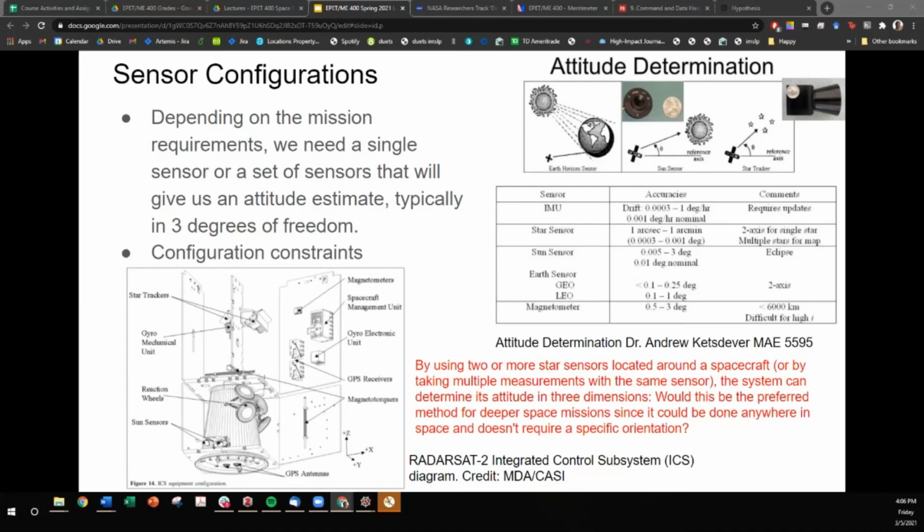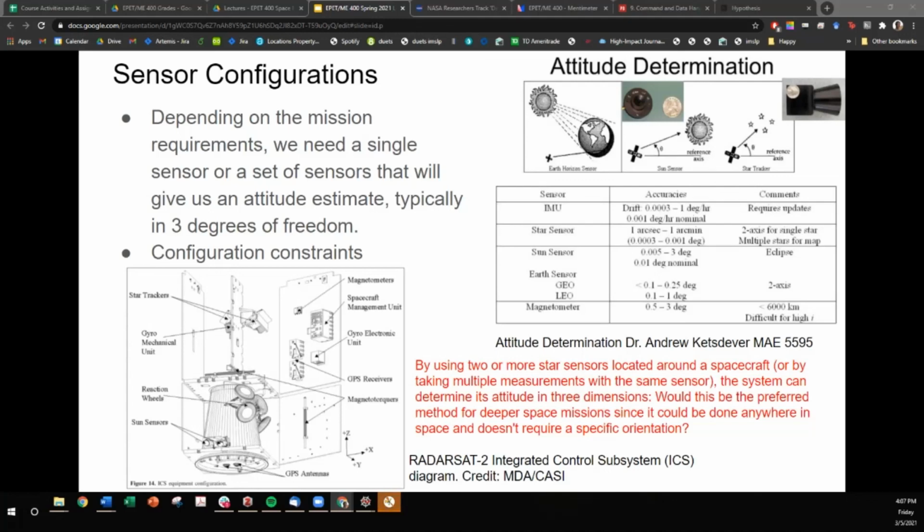So although there are 2 star trackers in this configuration, and although deep space spacecraft can have more than 2 star trackers, the disadvantage to star trackers is that they are sensitive to a saturation of light. You can actually damage the detector that is within the sensor if you, for example, expose it to the sun, or if it points towards Earth and all of that albedo comes back at you.